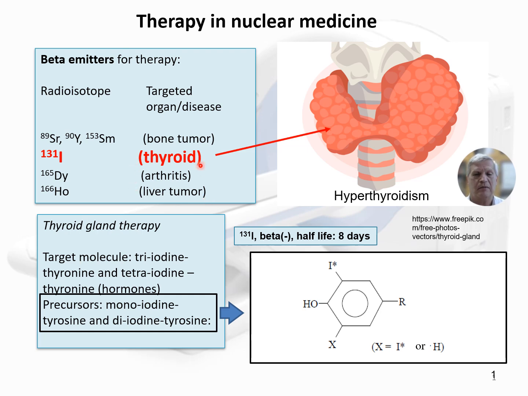Once a patient has hyperthyroidism, that means an overfunctioning of the thyroid, and it grows too high. Then iodine-131 treatment is the best. Earlier, a medical doctor, actually a surgeon, used surgery, cutting off a part of the thyroid, but it's always a big question which part to cut off.